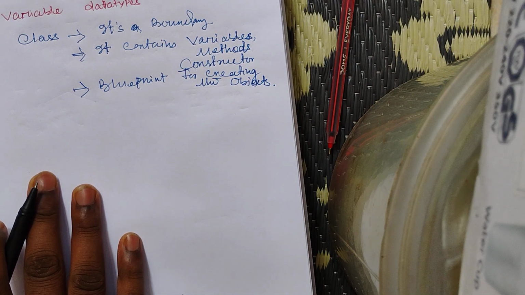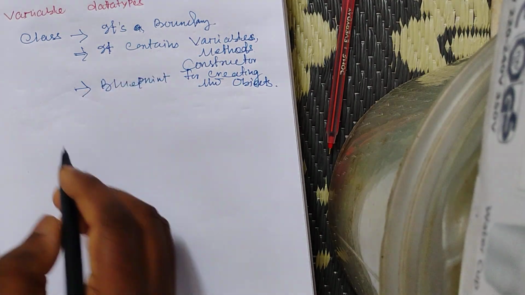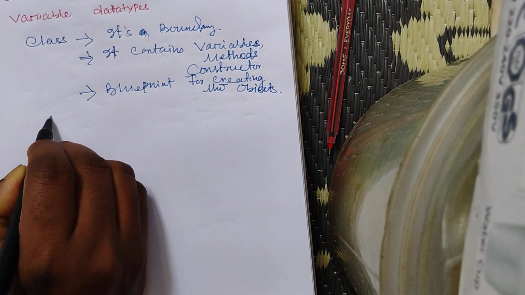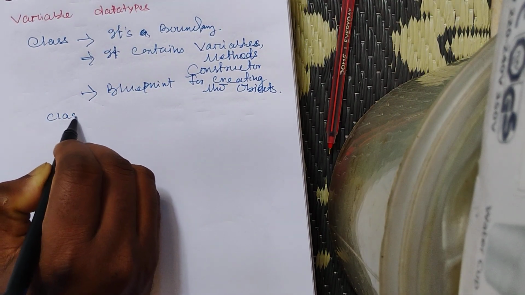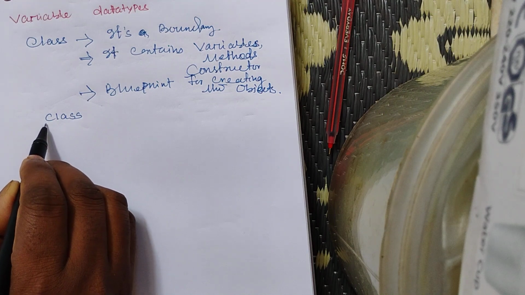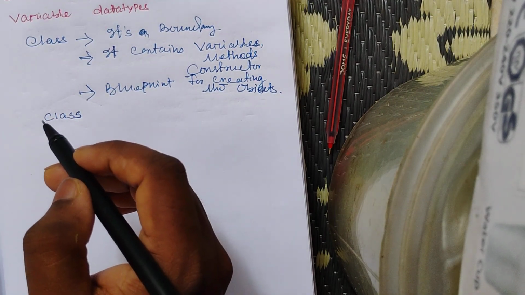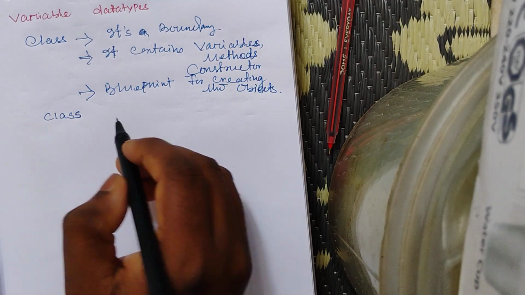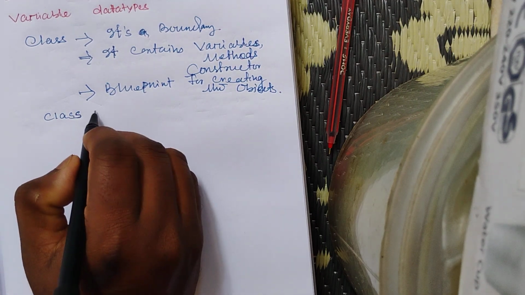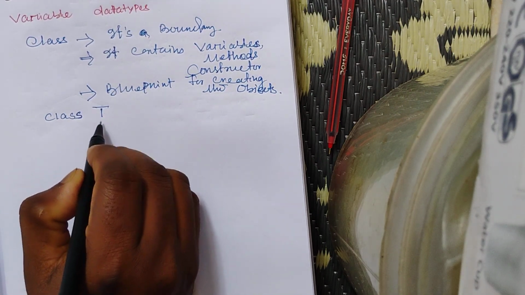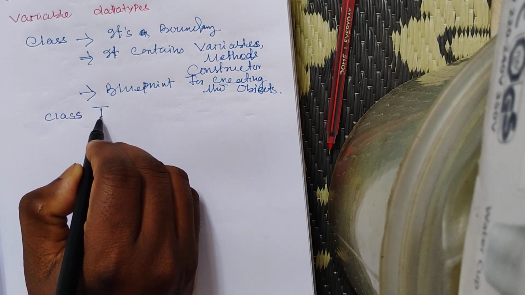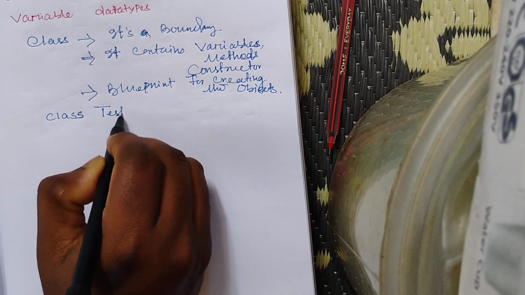Then this is the syntax, like here it is lowercase c, because Java is case sensitive because of the ASCII value. Suppose I'm taking an example Test, here it is uppercase.